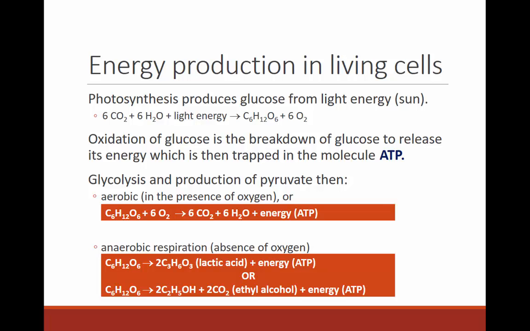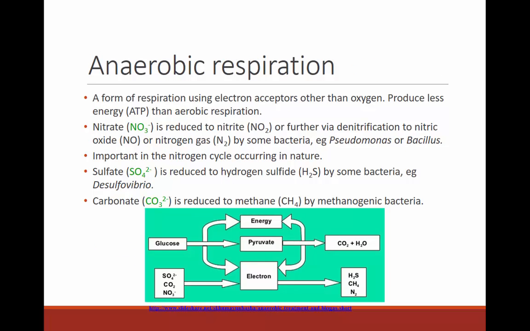Now that's important to understand because when we look at microbial growth, they can either grow in oxygen or without oxygen, and some in between, because they're microorganisms and they do that. So we've looked at aerobic respiration.